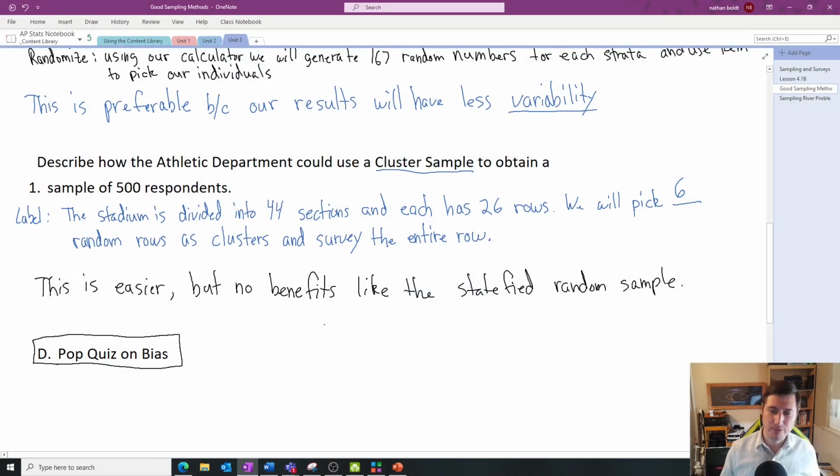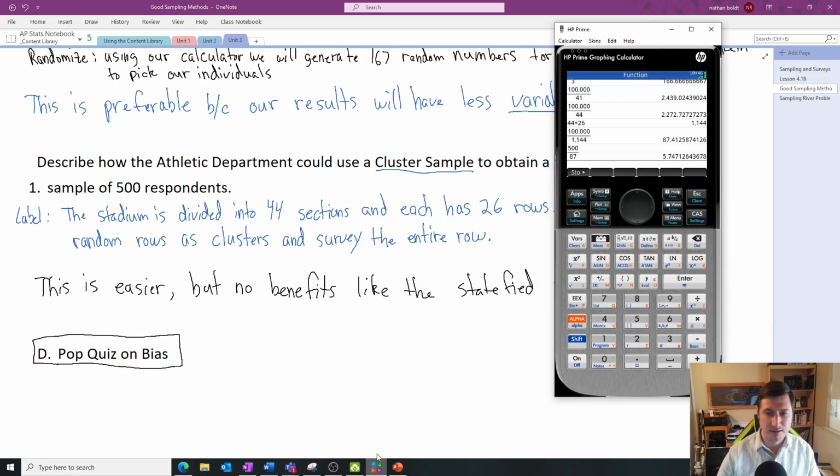Nope. All right. So if I want 500 respondents, how many rows will give me 500 respondents? I had to do a little bit of math there. There are 100,000 people divided into the 44 sections, so each section has 2,272. But that's too many.